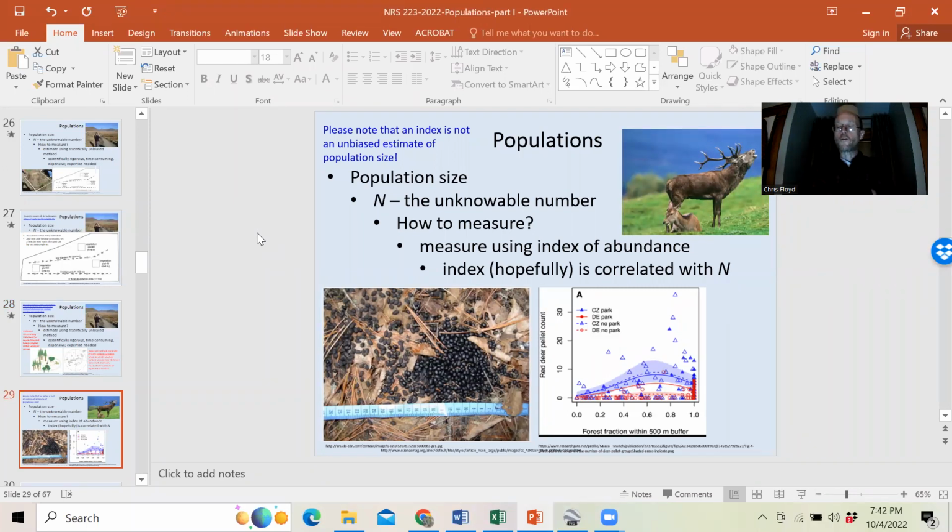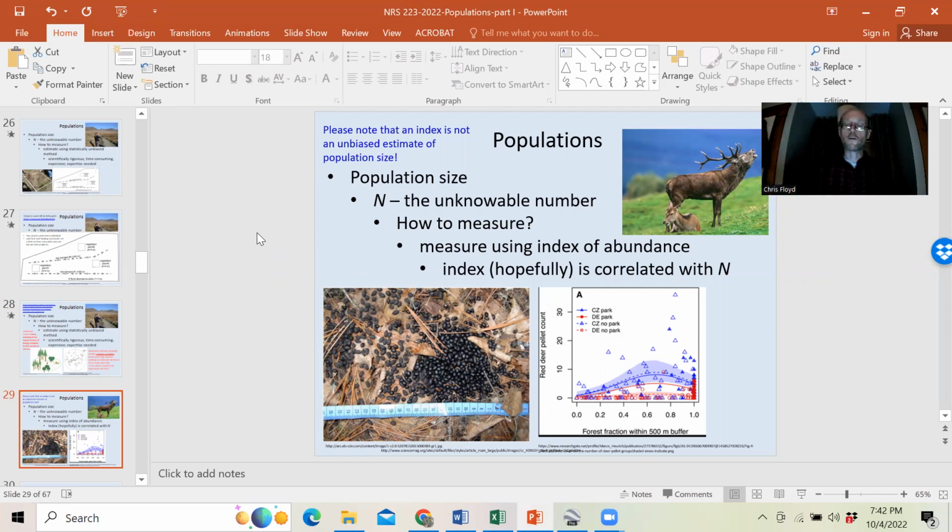Well, the way it's usually done is you do your counts, however you do them, quadrats, line transects, whatever it is, and you come up with your, you can kind of say you're pretending you're estimating N. You get your number, but you do your surveys the same way every time, year after year after year.